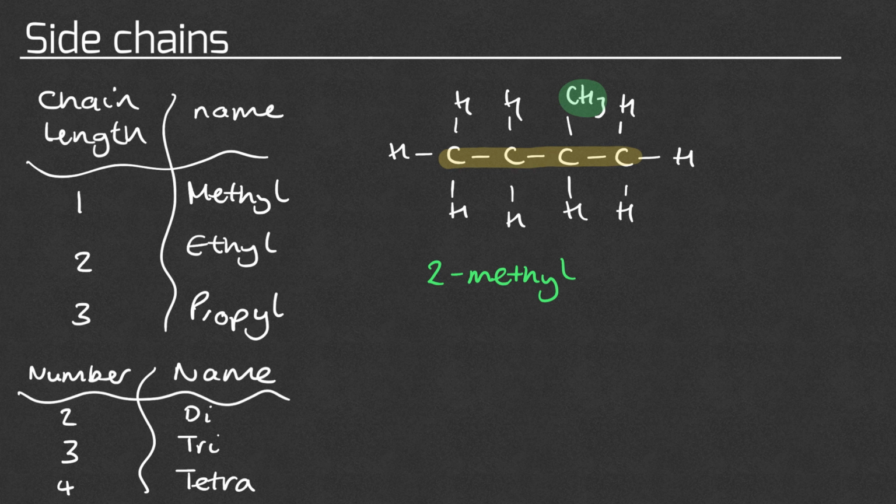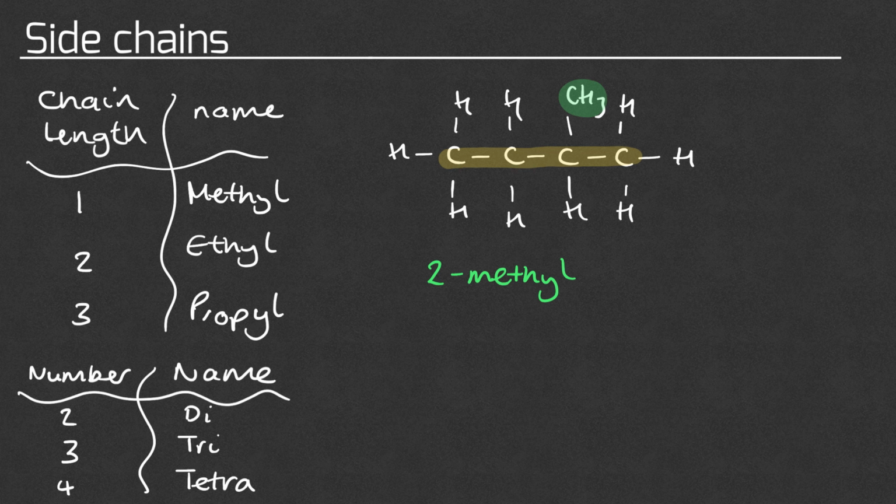If we number the carbons in the yellow chain from 1 to 4, if we started here, the numbers would be 1, 2, 3, 4, in which case our methyl group would be on carbon 3, but we could also number the chain 1, 2, 3, 4, going from right to left. It doesn't matter which way round you number the chain, you can do it either way round, but we want to number it whichever way round will give us the smallest numbers.